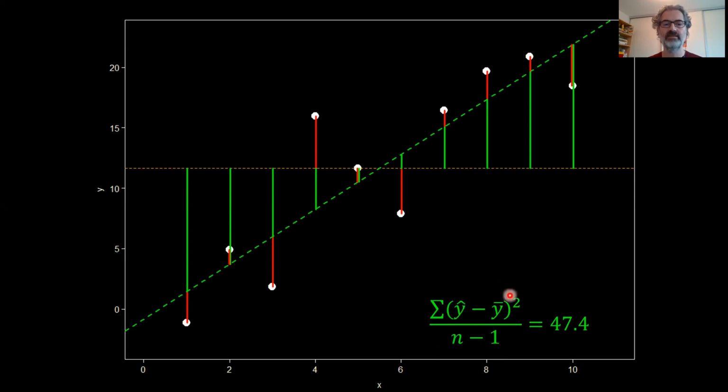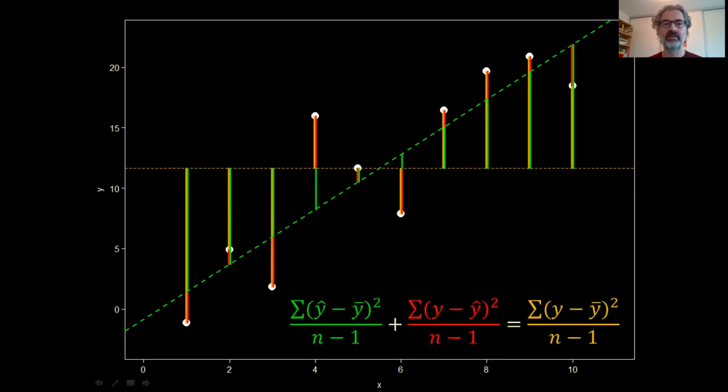This is a variance that we can account for. So of all the variability in our dependent variable, which is expressed in its variance here, the orange lines, we can account for a part, which is the green lines, and there is a leftover part, which is the variability of the residuals.